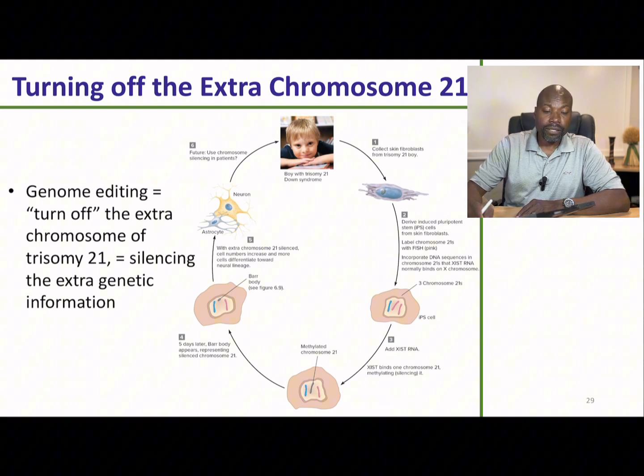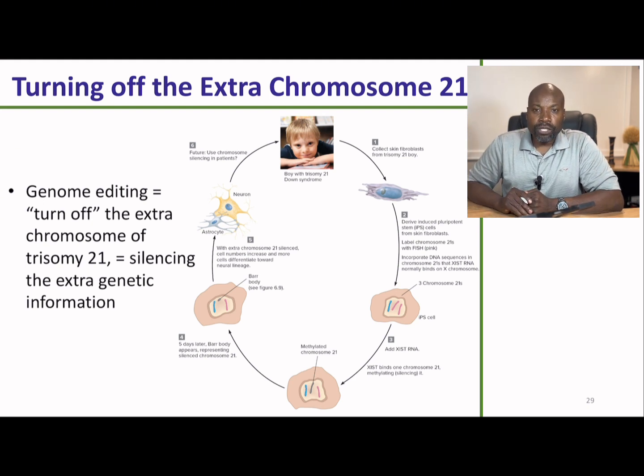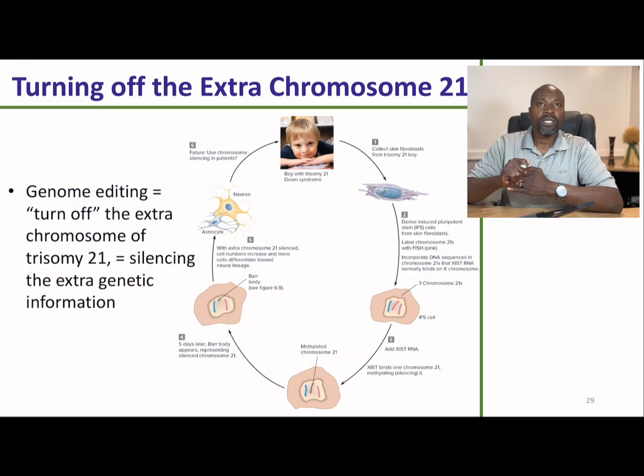Now, there are technologies today where it is possible to turn off some chromosomes. You know that a female has XX, and we did say in the previous chapters that of the two X's, one becomes a bar body.